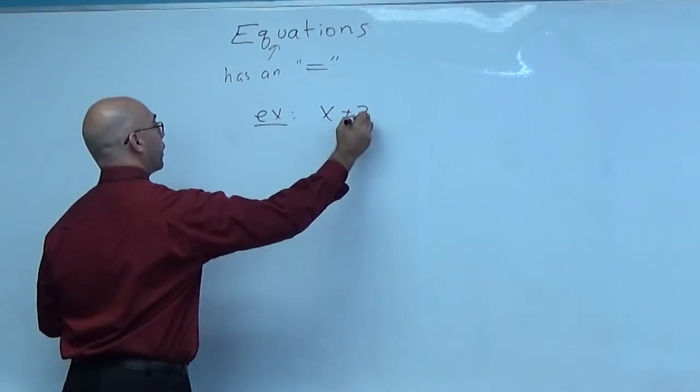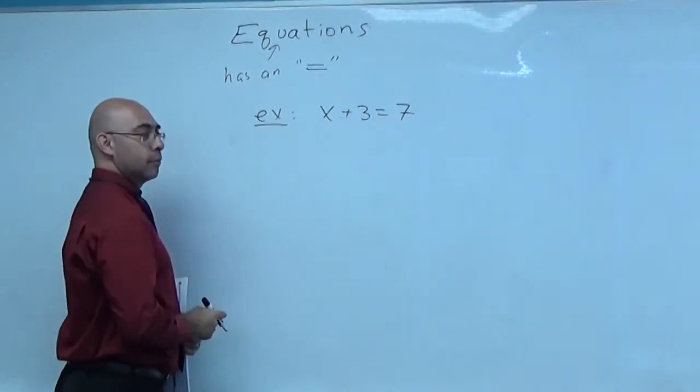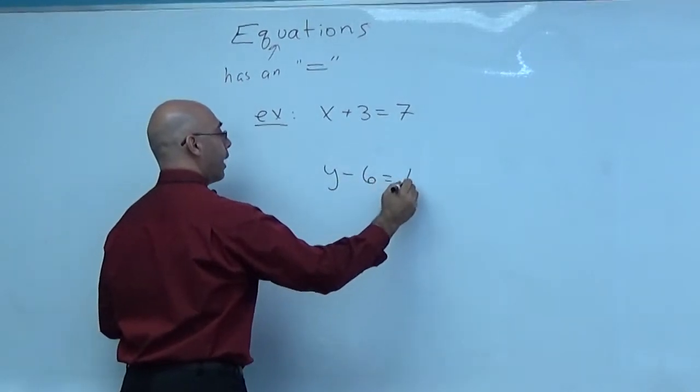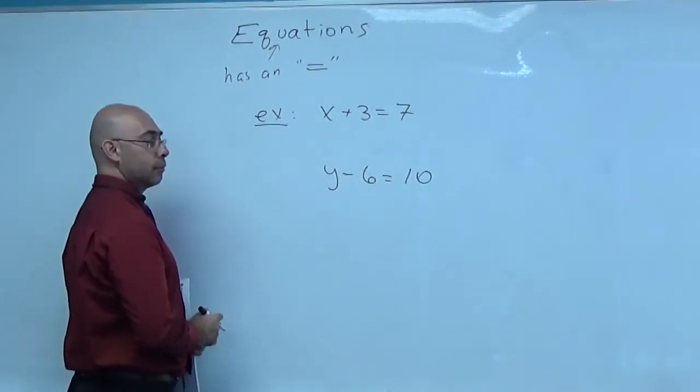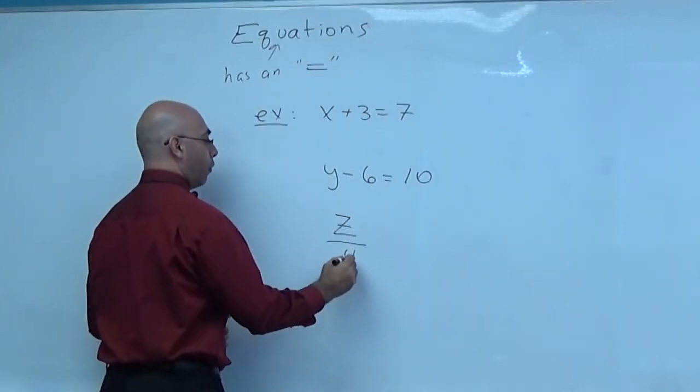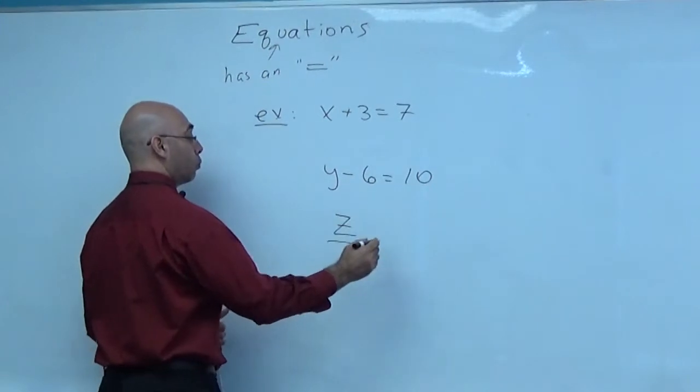X plus 3 equals 7. Y minus 6 equals 10. Z divided by 4 equals 20.